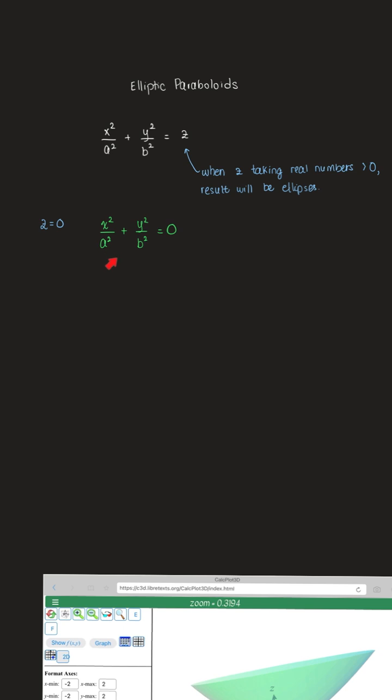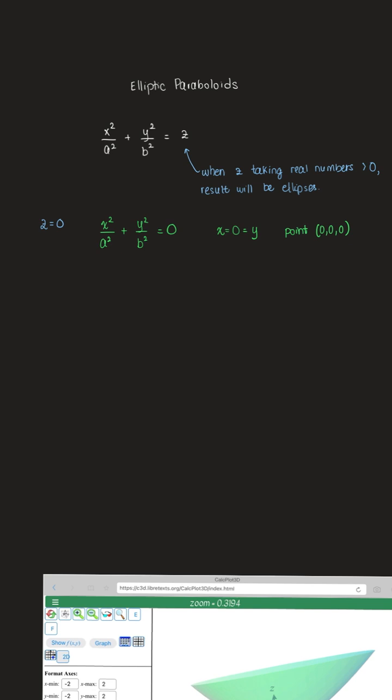So for two positive things to add up to 0, that's impossible unless both terms are 0. So the only way that this can occur is when x is 0 and y is 0. And then we also know that z is 0, so this gives us the origin. Just a point, 0, 0, 0.